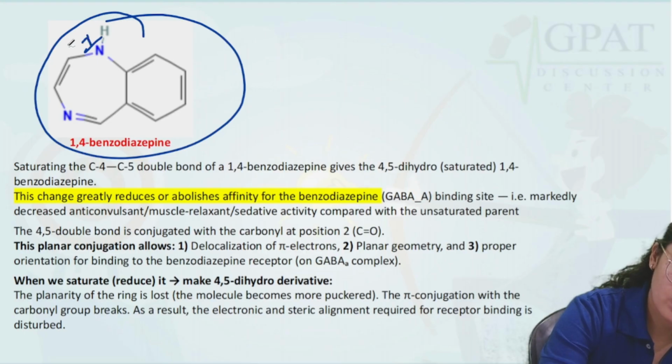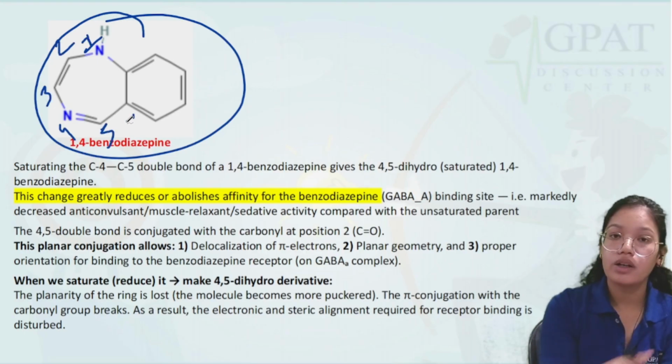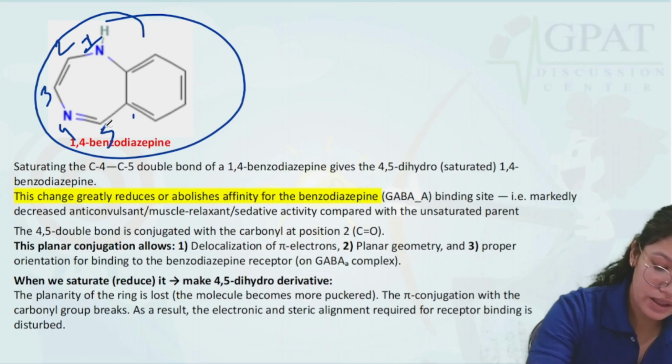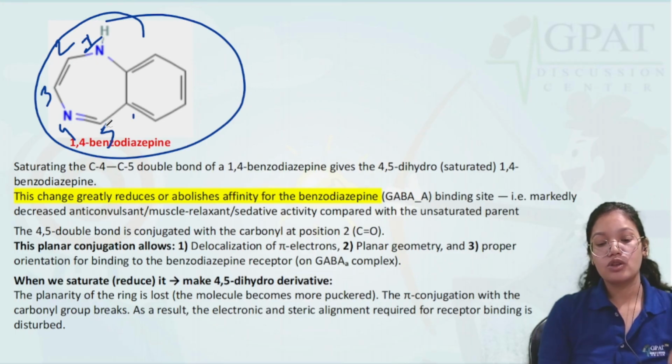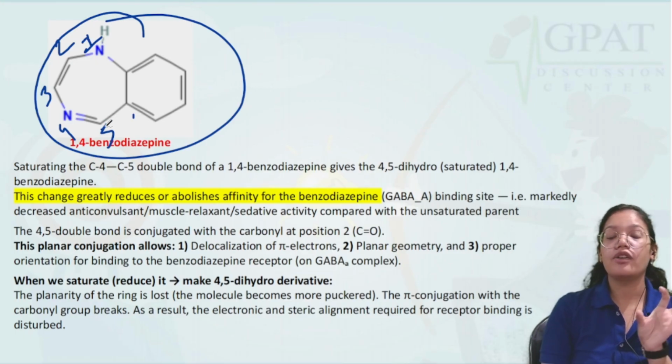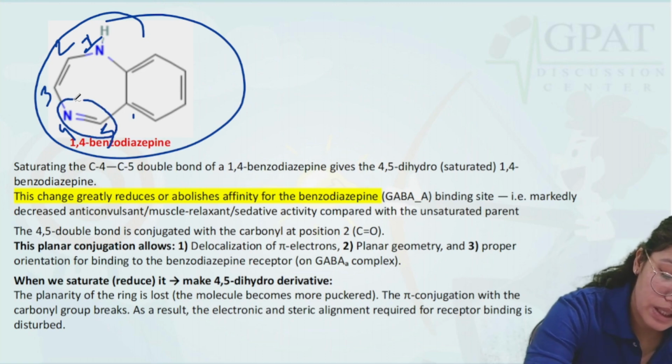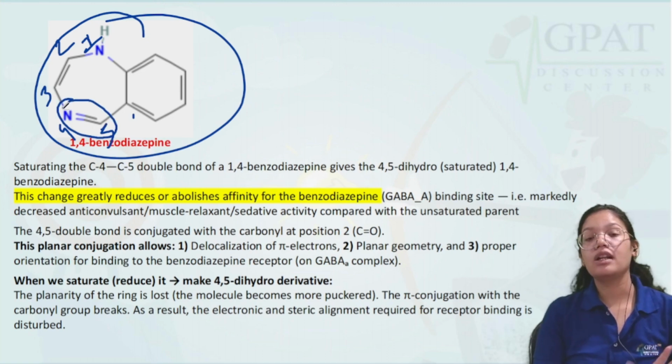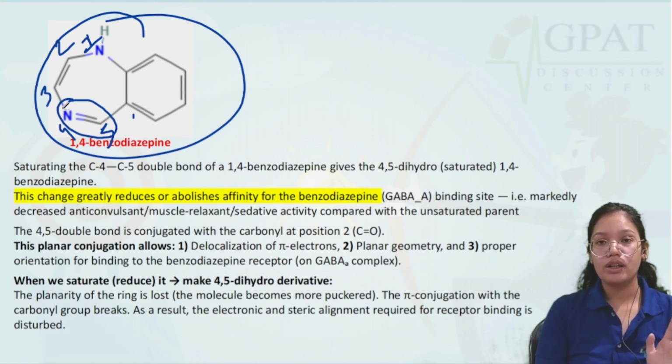From here the counting will start, 5, and it will go on. If they saturate, that is, remove this particular double bond, then what effect will it give?